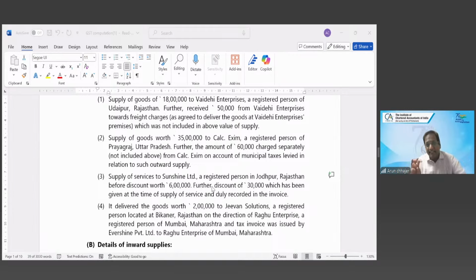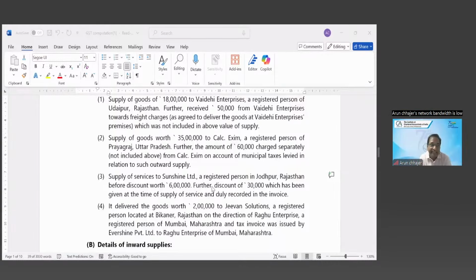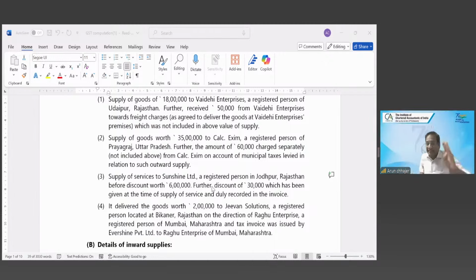I can say there are three conditions in order to say that post supply discount will be excluded from the value. मैं तीन कंडीशन की बात कर रहा हूं.